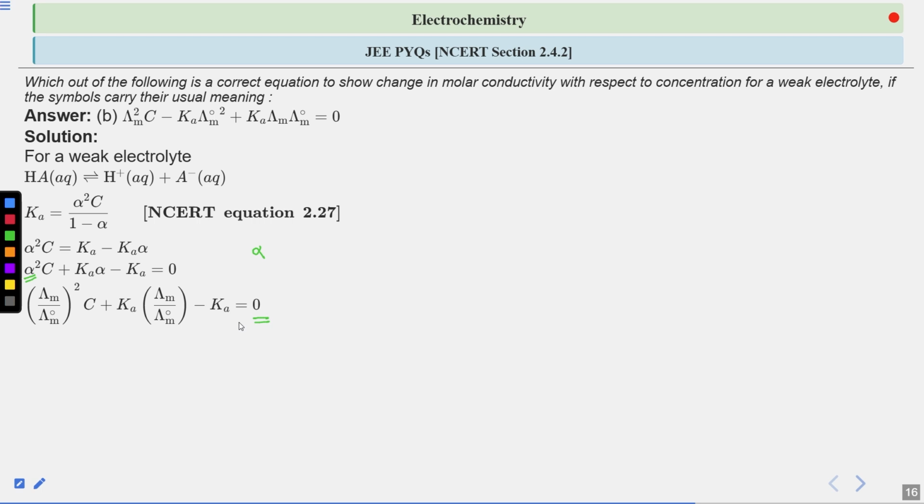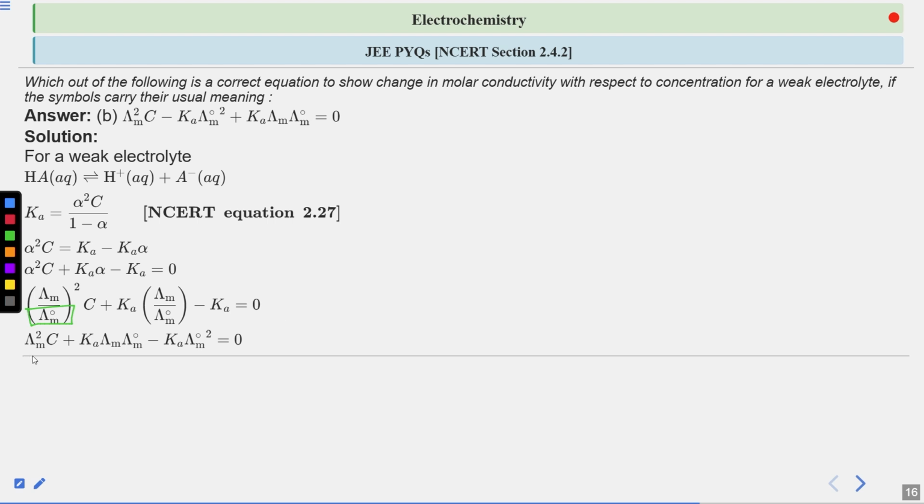Now this is a quadratic equation. When you solve it further, you take the LCM, lambda m naught whole square, and make the denominator common by multiplying through the whole equation.